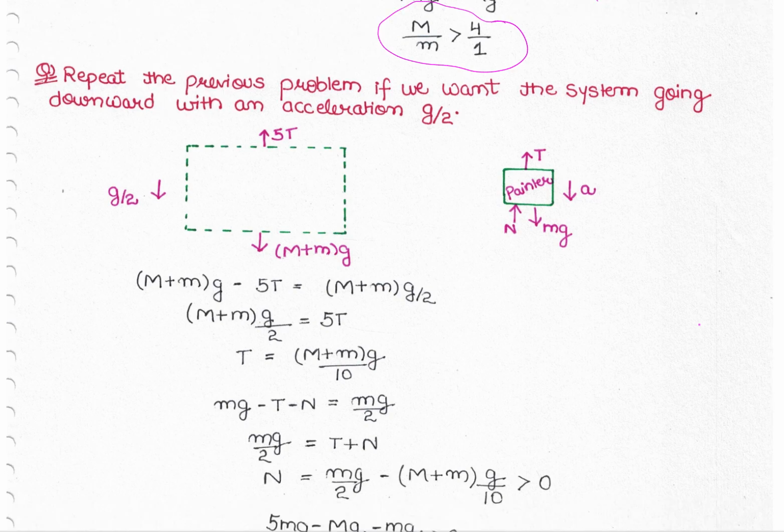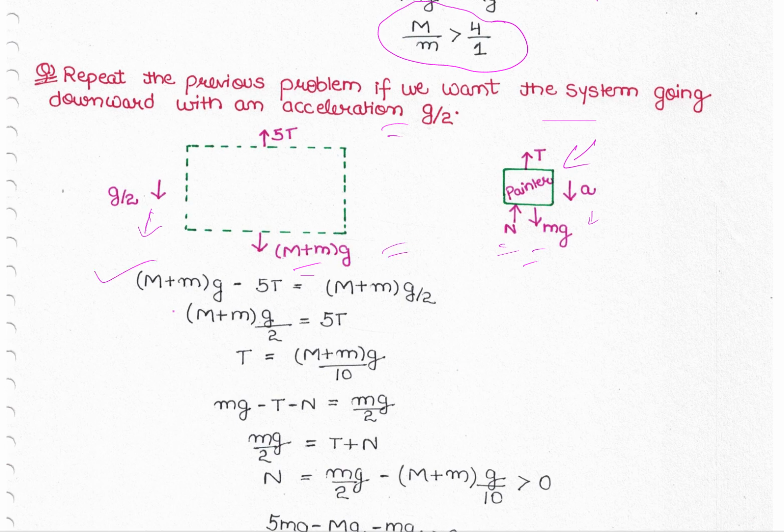Now repeat the previous problem. If we want the system going downward with an acceleration g by 2, its free body diagram looks like this. This is T, this is the acceleration, this is the weight, and this is the normal force. So 5T, and this is the acceleration in this direction, and its weight capital M plus small m into g.